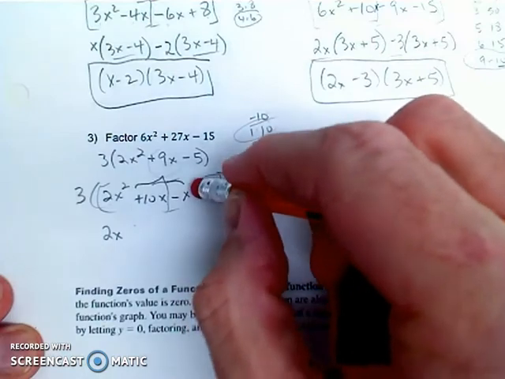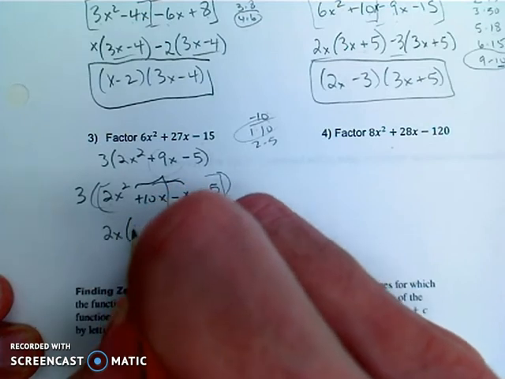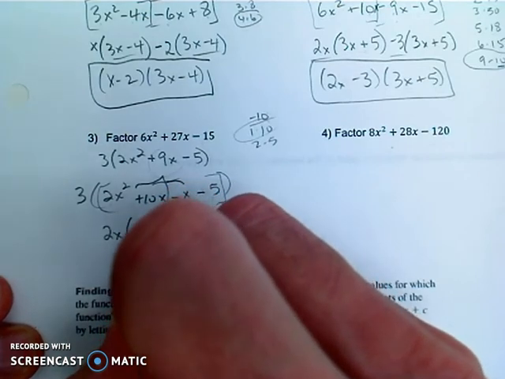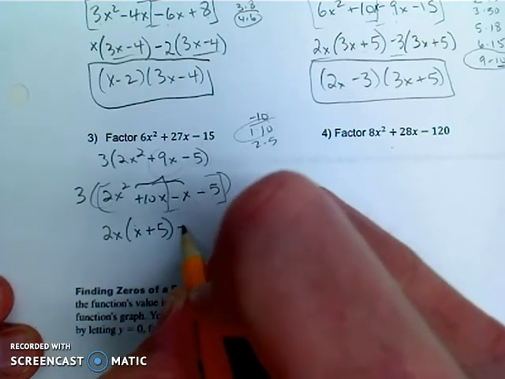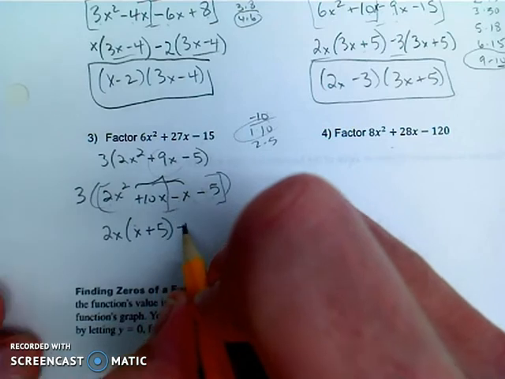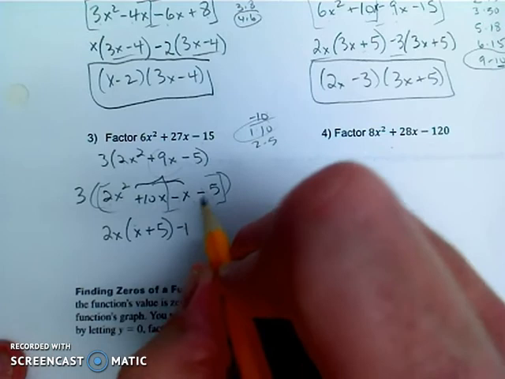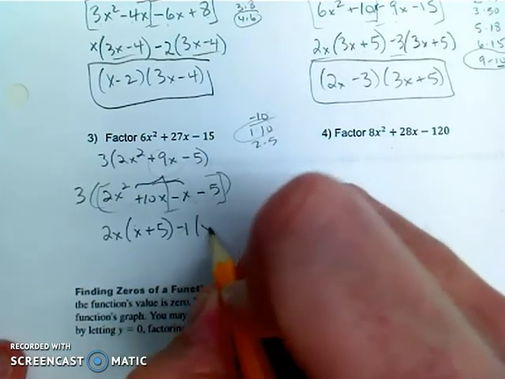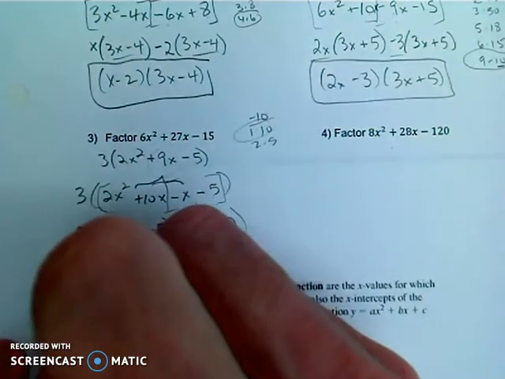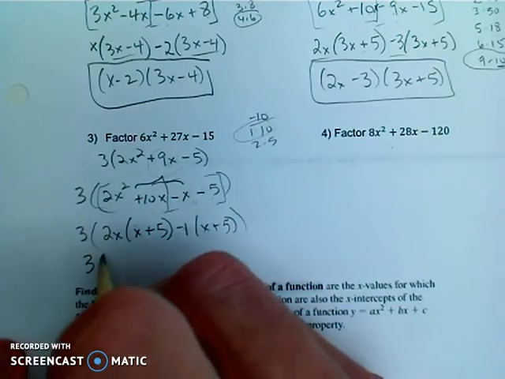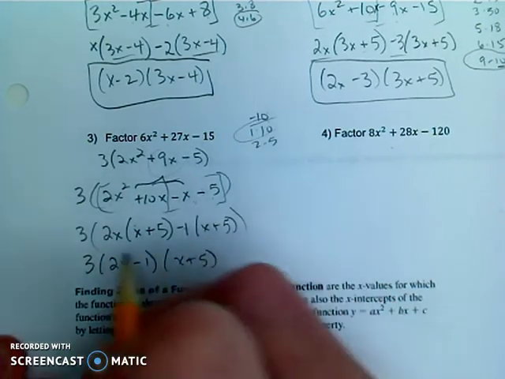Oops, that's minus 5, excuse me, 2x, and I'm left with x plus 5. Here, I want this to be x plus 5, so my factor is going to be negative 1. Negative 1 times negative x is going to give me positive x. Negative 1 times negative 5 is going to be positive 5. x plus 5. So again, not losing the 3. 2x minus 1, x plus 5.